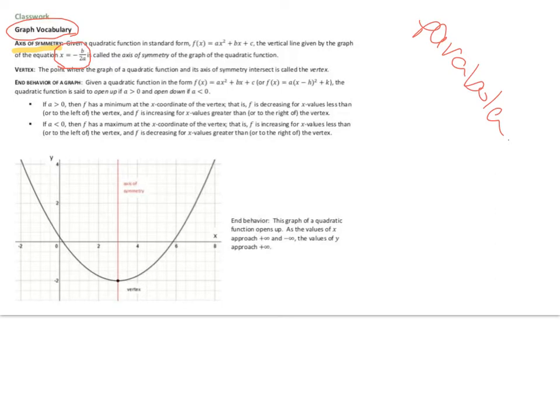So x equals negative b over 2a is called the axis of symmetry. It's a symmetrical line that the parabola, or the quadratic function, could rotate around. It's equal on this side as it is on this side. It's like a mirror image.